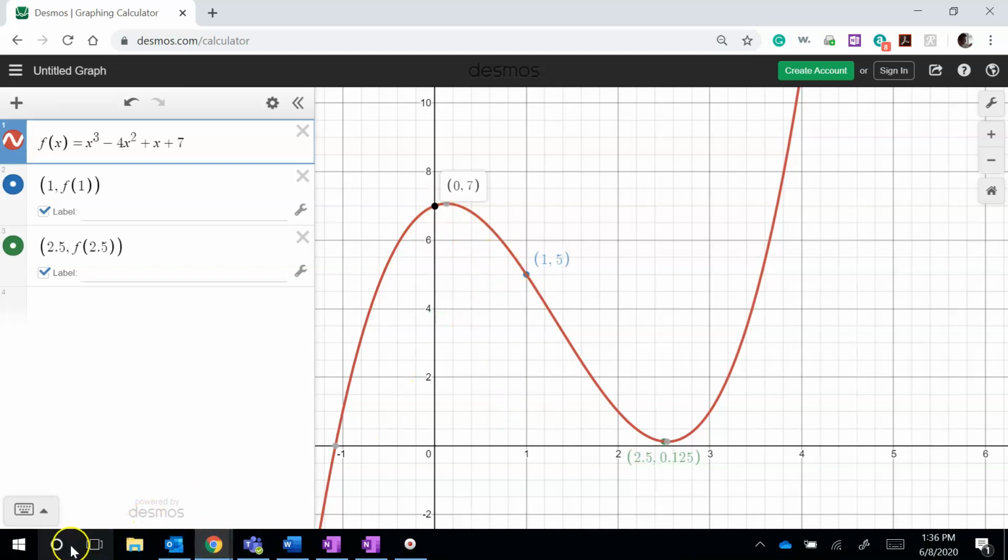Let me see if I can use this draw feature on here. If I were to go straight through those 2 points, that's not a very steep line. That's a pretty shallow line. I want to know what the instantaneous rate of change there is. How fast is it at that exact location? Somewhere in between here and here. So let's take a look at that.